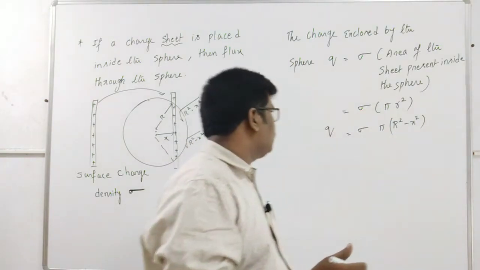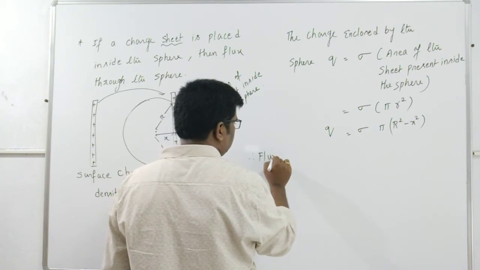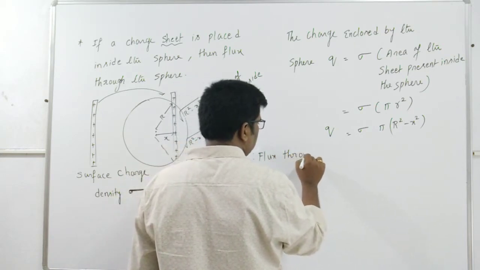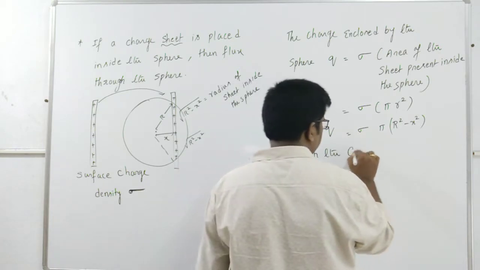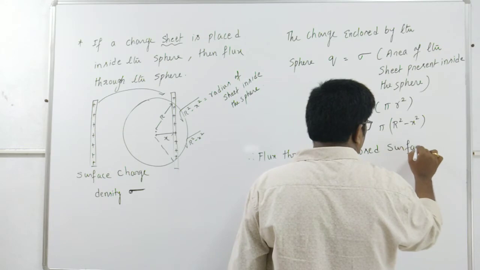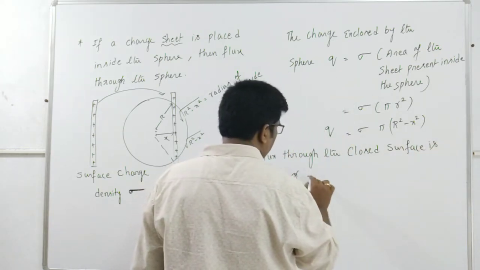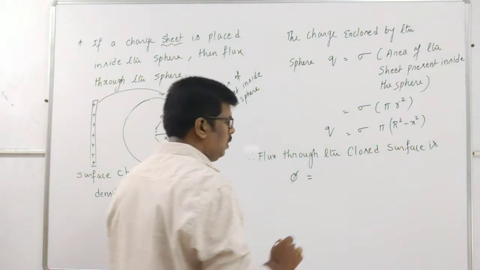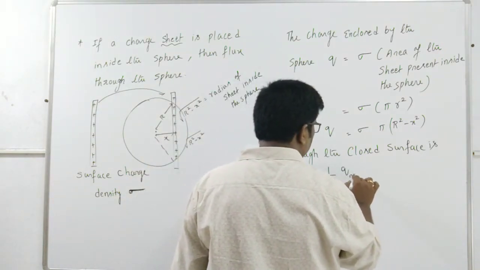So, therefore, the flux through the closed surface is, flux phi equal to what? 1 by epsilon naught times the net charge enclosed.